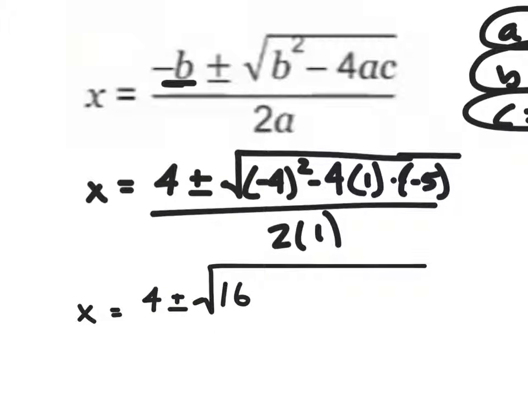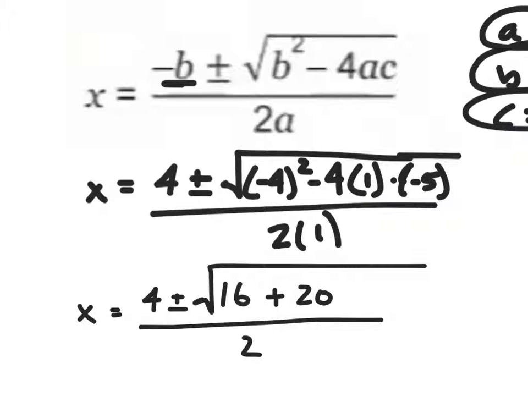Then I want to do minus 4 times 1 times negative 5. The minus 4ac, this 4 is always going to be negative. So negative 4 times 1 is negative 4, times negative 5 is going to give me a positive 20. And then this is all going to be over 2, all right?